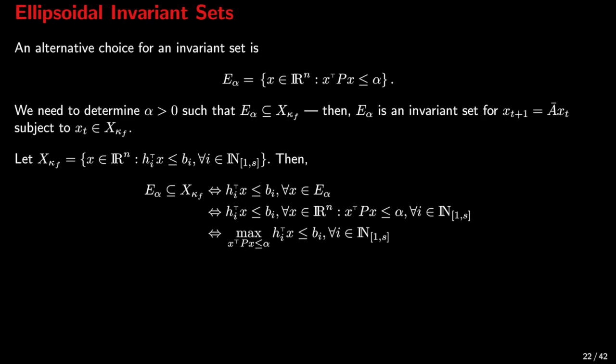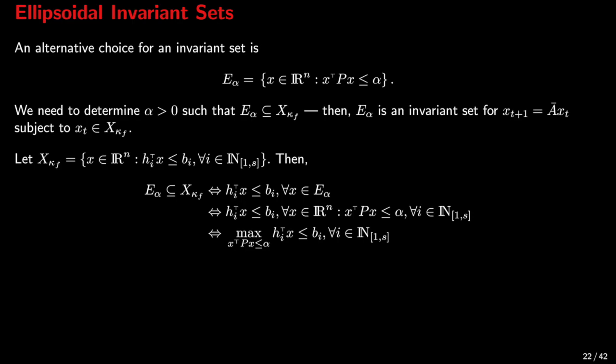Let's say we have s such inequalities. Then what does it mean for E_alpha to be a subset of X_kappa_f? It means that h_i transpose x is less than or equal to b_i for all x that are inside E_alpha. So if x is in E_alpha, then this same x must, of course, satisfy all inequalities that describe X_kappa_f.